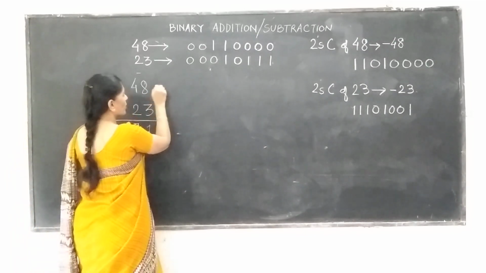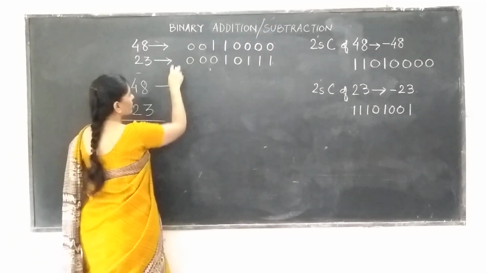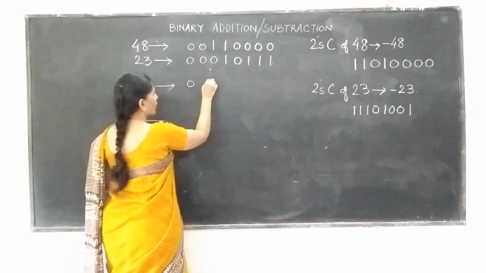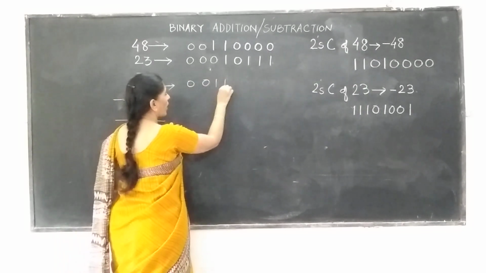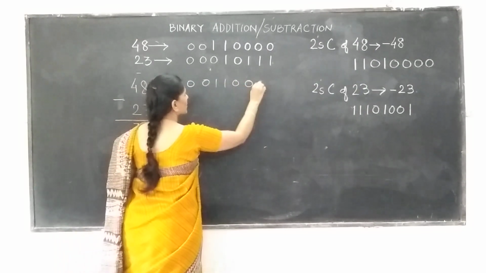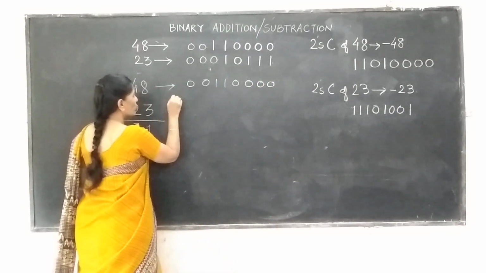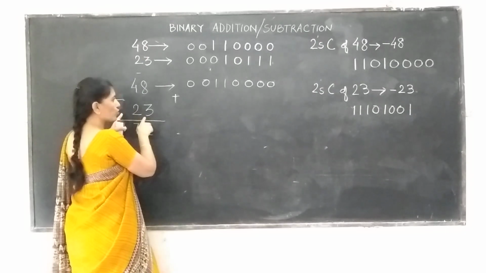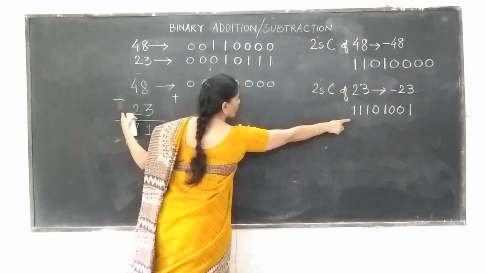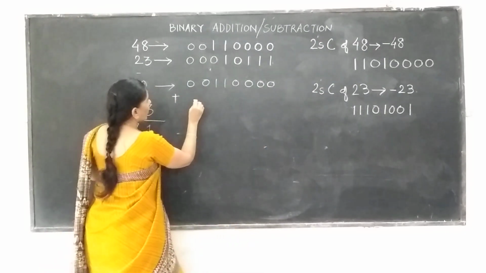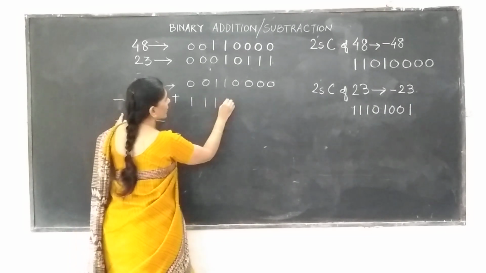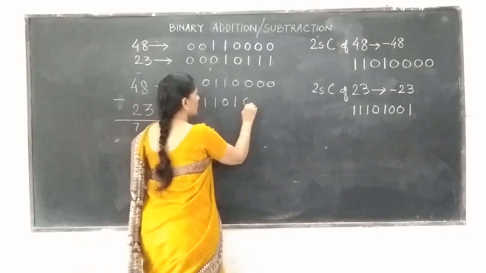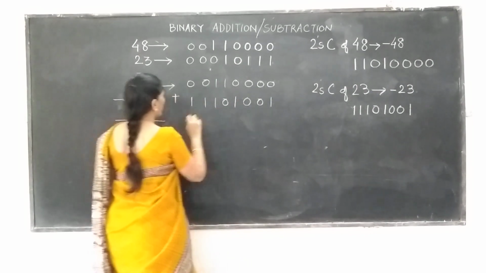So 48 is a positive number, so we take the binary representation of 48, which is 0 0 1 1 0 0 0 0, and to this we add minus 23, and minus 23 is in this particular form, that is 1 1 1 0 1 0 0 1. Okay.